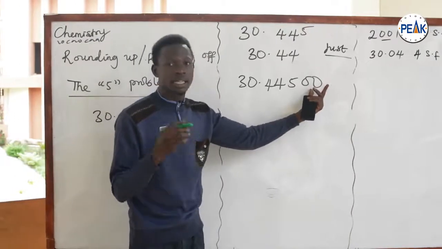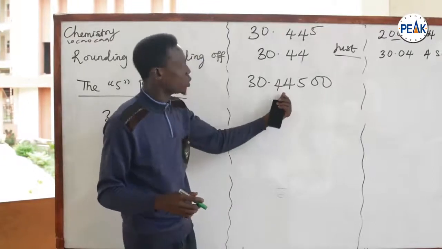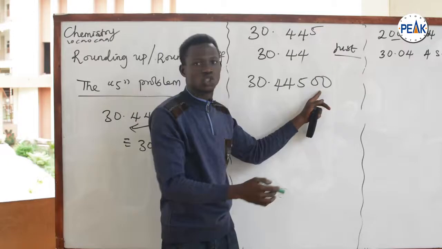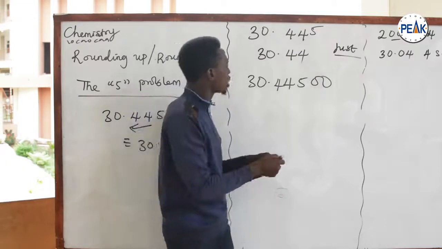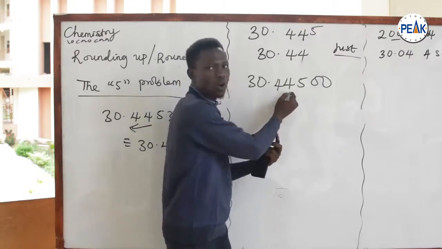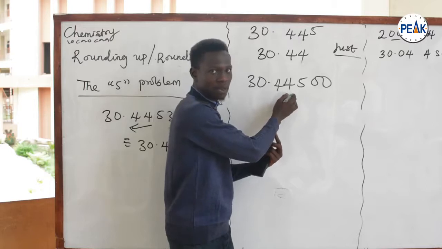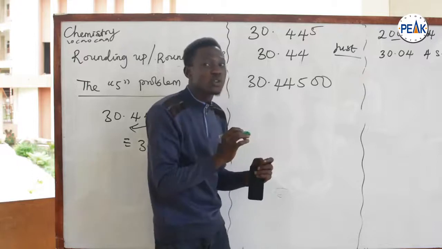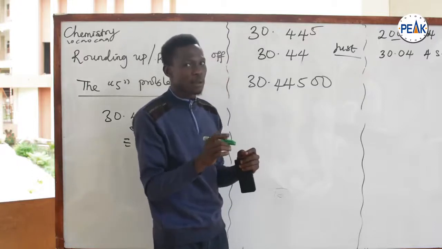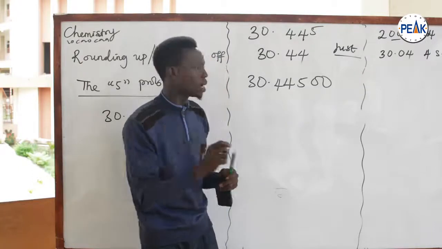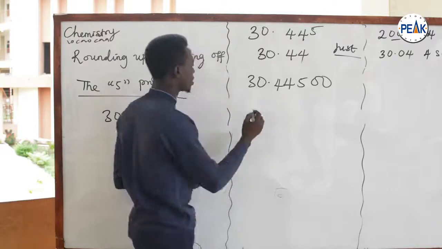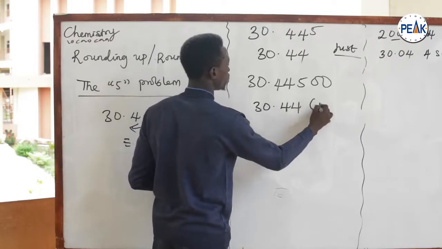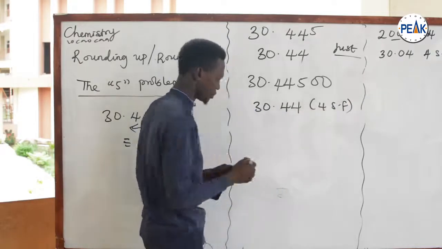The rule that applies here will also apply here, because there are no figures here, and here I have just zeros. Now I have to check the figure before the 5. This figure is an even number, 4, which means I am going to round it off. By that, I will not add 1. I will just drop the 5. So I have 30.44 to 4 significant figures.